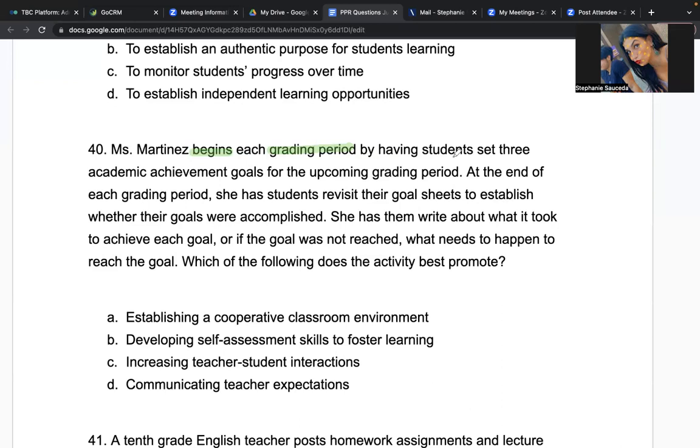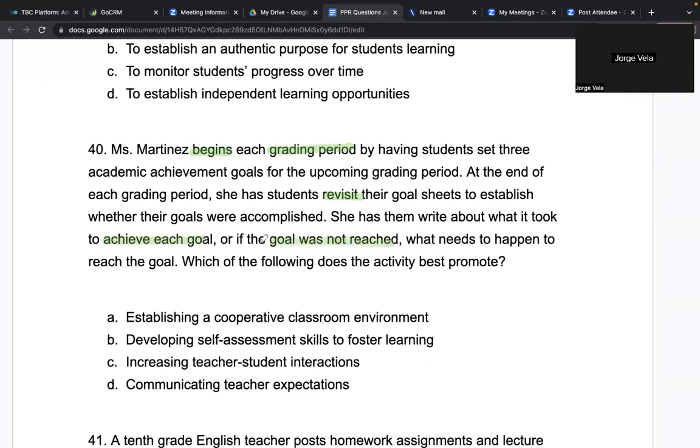And then at the end of the period, having them revisit. I think that's an important word. What else? She wants them to identify which goals they achieved and goals that were not achieved.